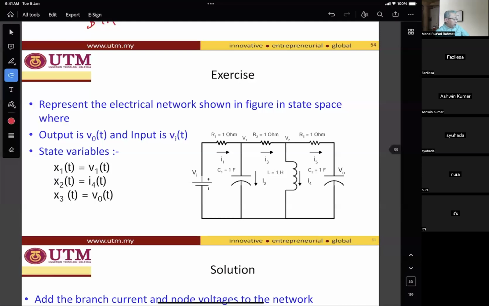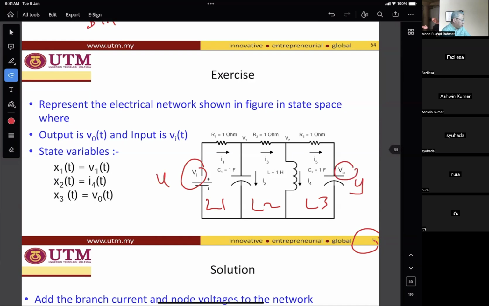So we move to the next example, slide 61. Now we have three loops, L1, L2, and L3. Single input, single output. This is the input, and V0 is the output.